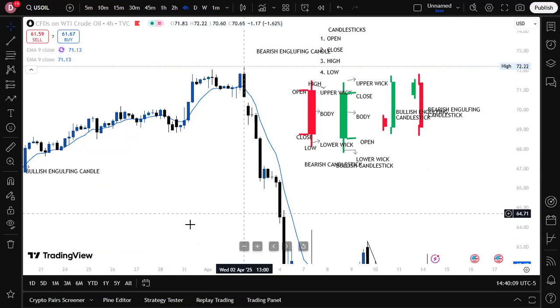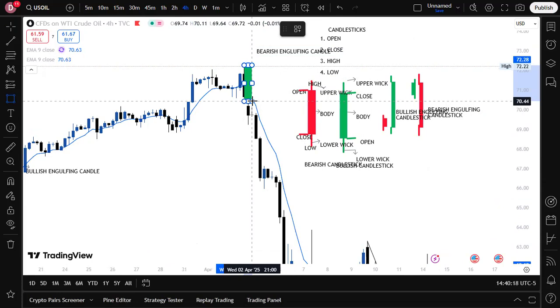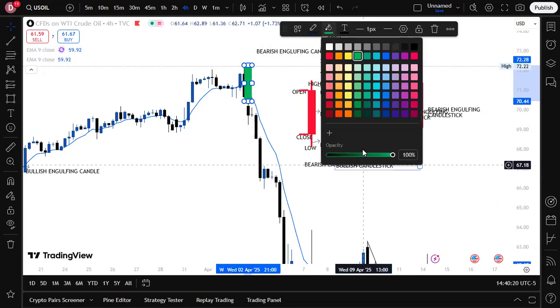This one single candlestick. I'm going to use something to present it.